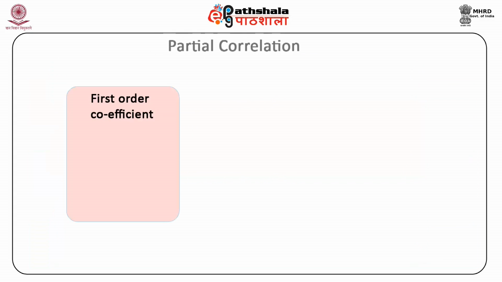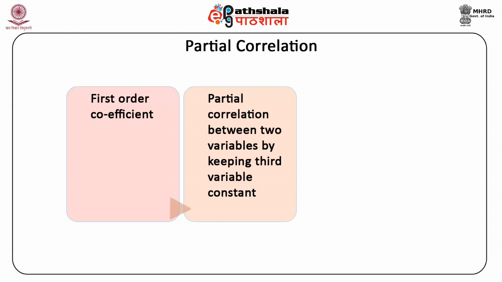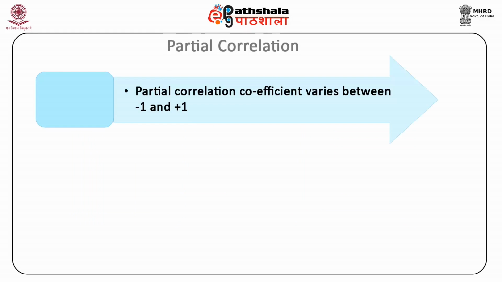A first order coefficient is a term used to define the partial correlation between two variables by keeping the third variable constant. It is called first order coefficient as in this case one variable is kept constant. In the same way, we can define a second order coefficient and so on, as the number of variables held constant can be more than one. The partial correlation coefficient varies between -1 and +1.